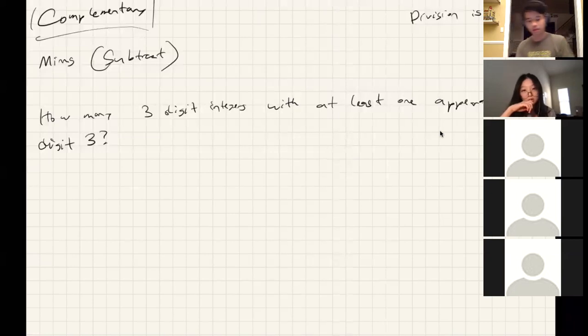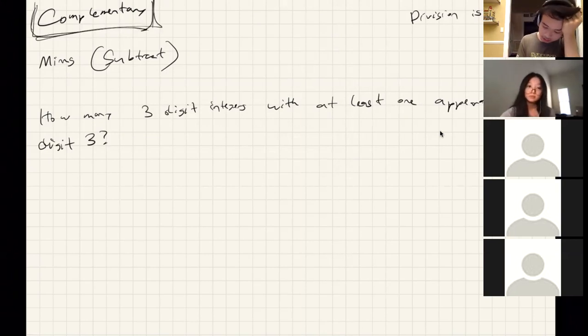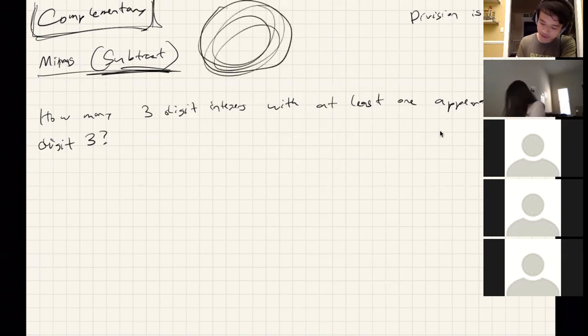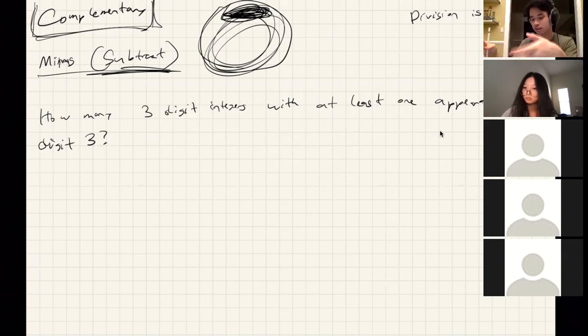We'll do it now. Complementary counting is probably my favorite of the three. In complementary counting, you're subtracting the stuff you don't want. You start with the total amount of things, subtract the things you don't want, which turns out to be easier to count than the things that you do want, and then you end up with the things you do want.